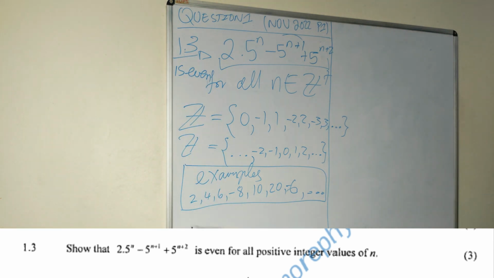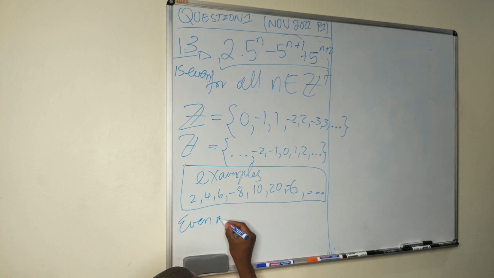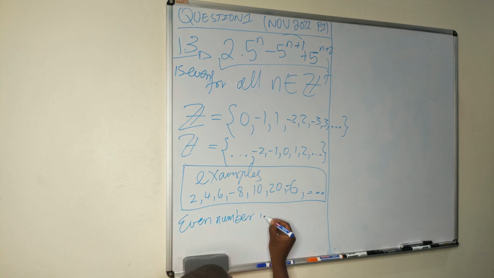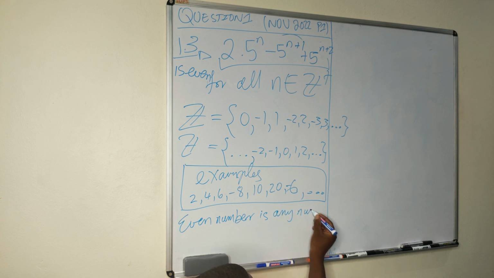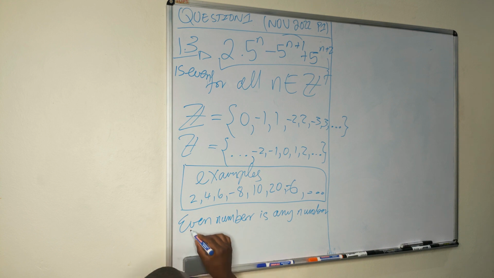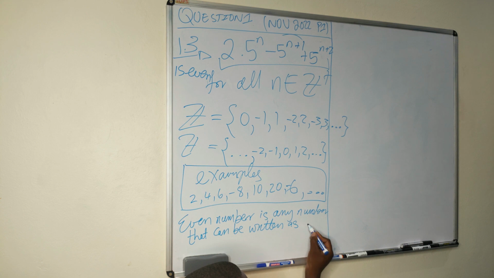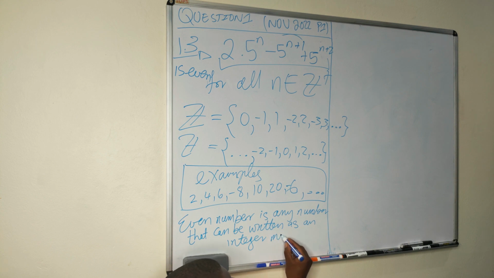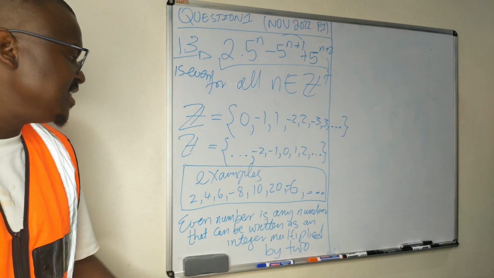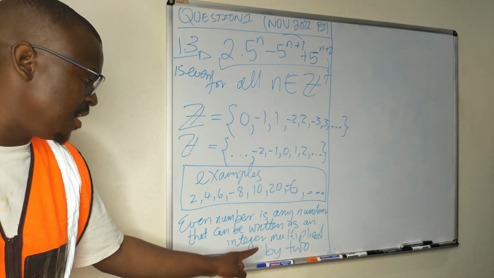So an even number is any number that can be written as an integer multiplied by 2.